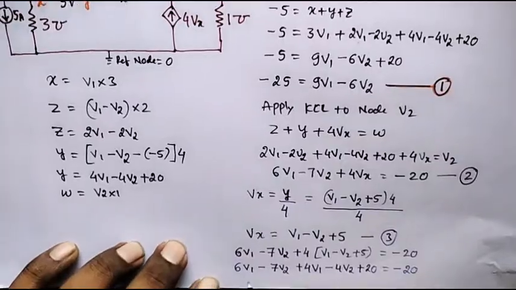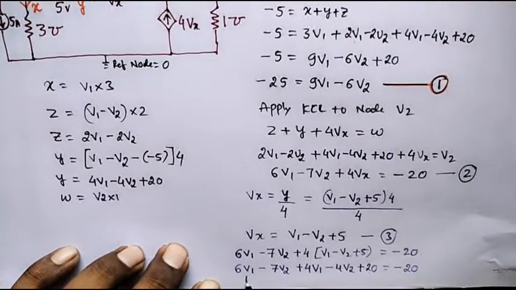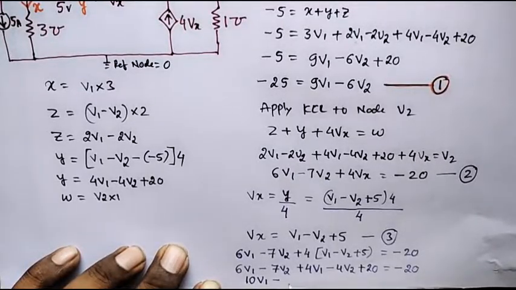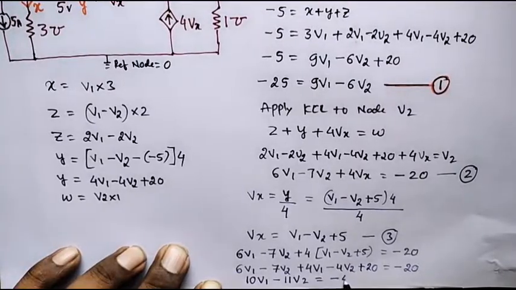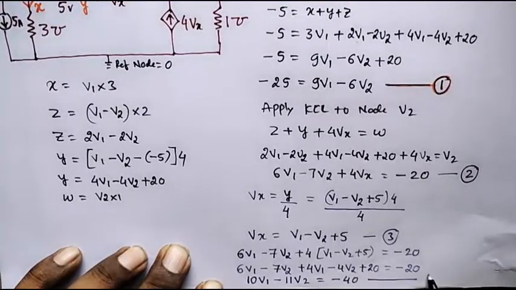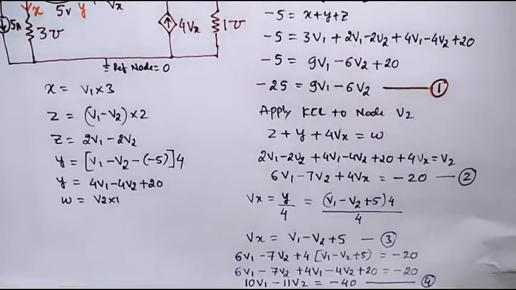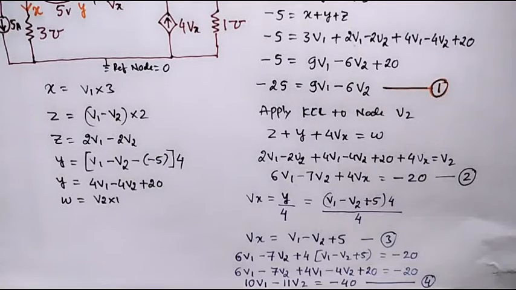Therefore I can write it as 10V1 minus 11V2 is equal to minus 40. I'll call it as equation number 4. Now solving equation 1 and 4, we can find V1 and V2 values.